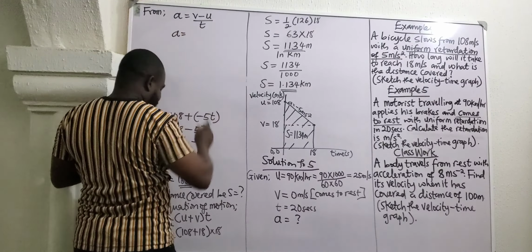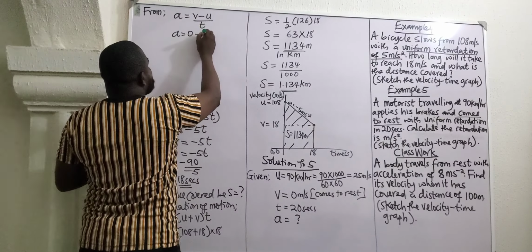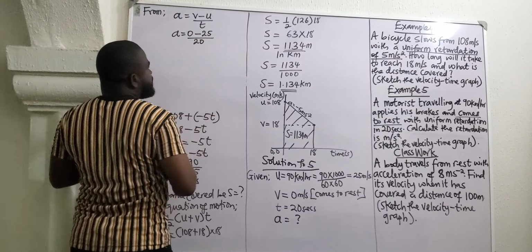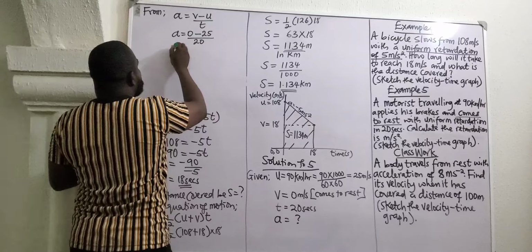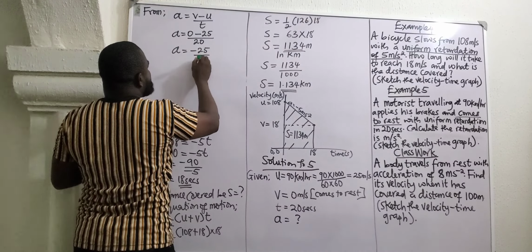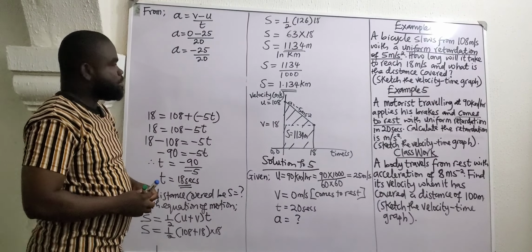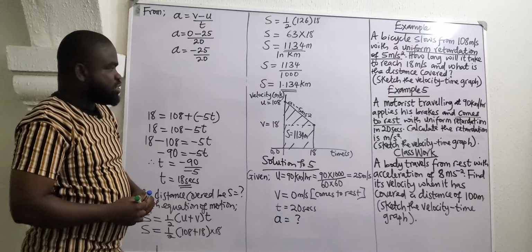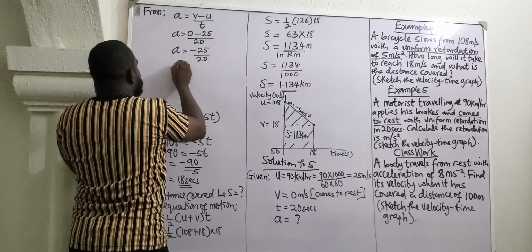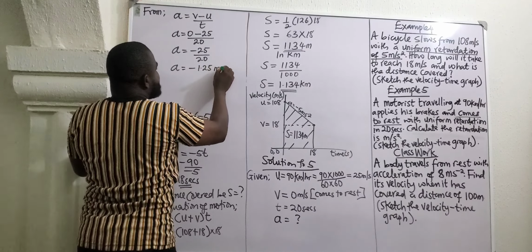A equals, V is 0, U is 25, and T is 20. You will see that we have A equals minus 25 over 20. So you see that the minus sign for the retardation comes out by itself. You don't need to force it. 25 divided by 20 gives you minus 1.25 meter per second squared.